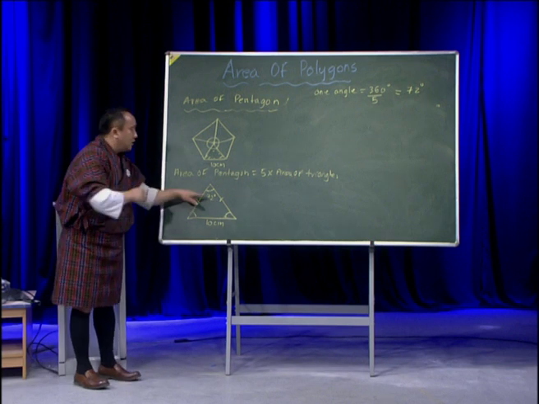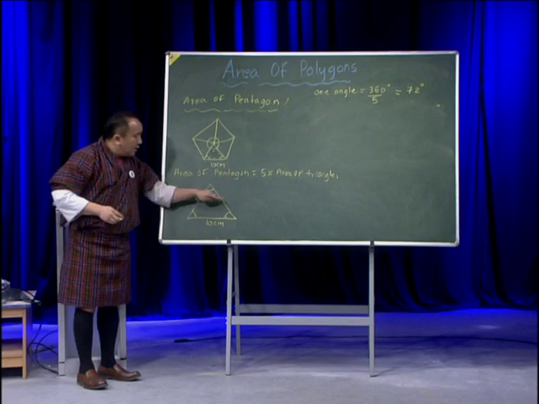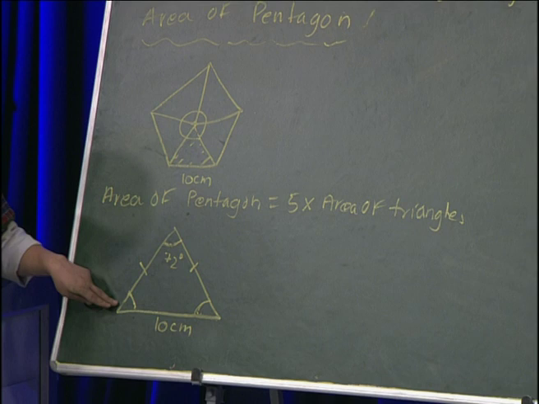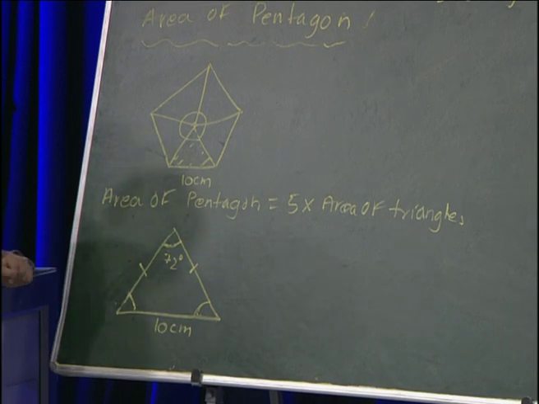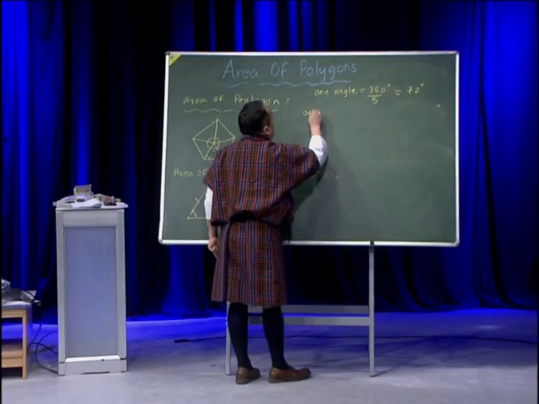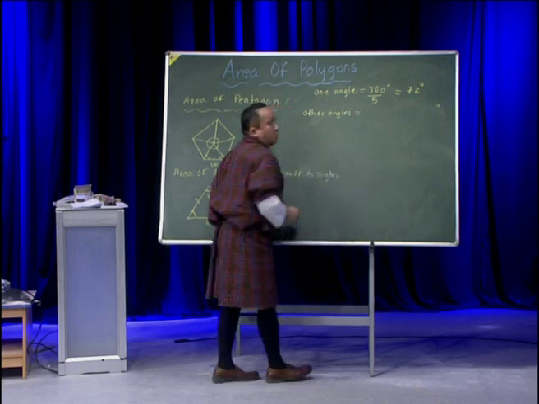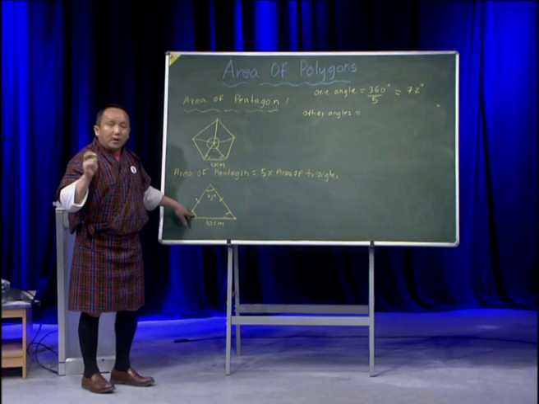Now since we got this as 72 degrees, we also know that this triangle is isosceles, so to determine the other two angles, we know that these two angles will be the same. Let me write the other angles: the sum of the three angles is equal to 180 degrees.